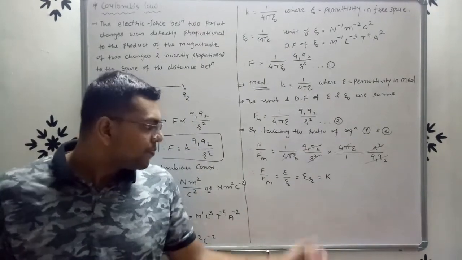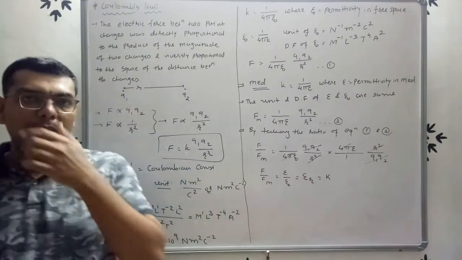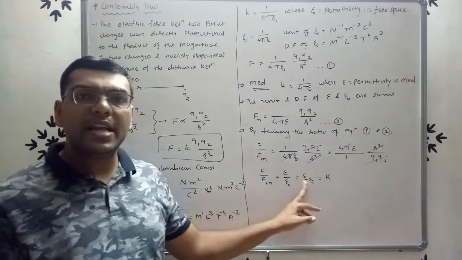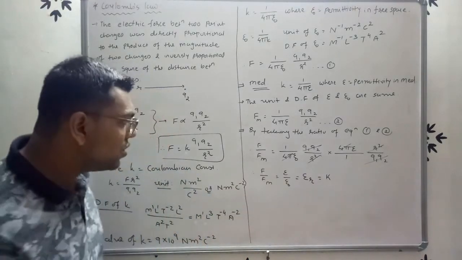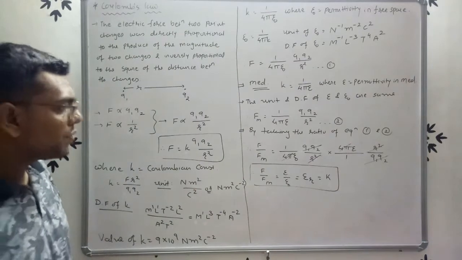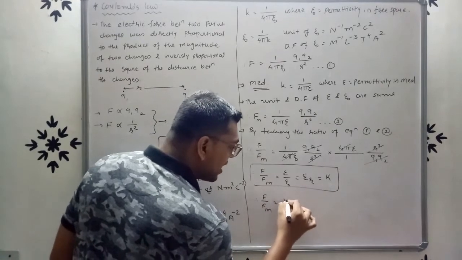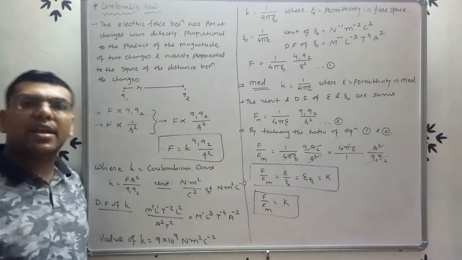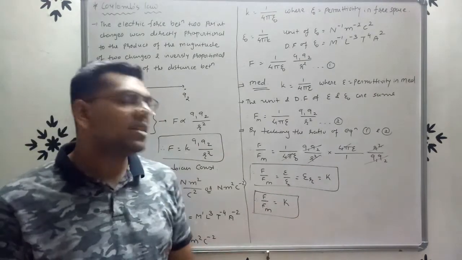So again I repeat, the ratio of permittivity in medium and permittivity in free space is known as relative permittivity, or dielectric constant. So this is the relation between F and Fm. So we can write that F by Fm is equal to capital K, where capital K is known as dielectric constant, right?